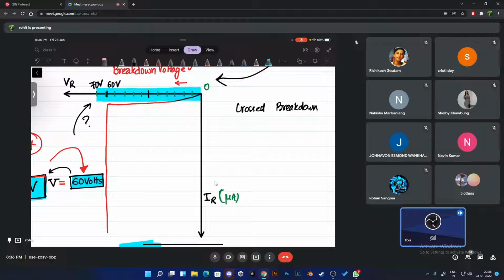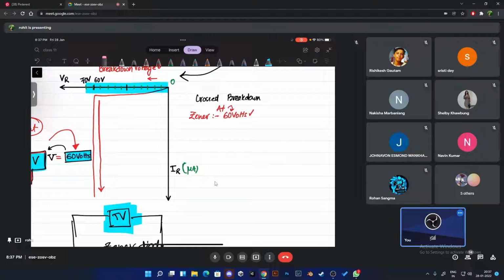Okay, your zener diode is going to do this. Look here, your zener diode is going to say that at what volts? At 60 volts. The zener diode has given all the current it can give. Can you understand this graph? I'm repeating again. At what voltage does our zener diode give all the current it can give?